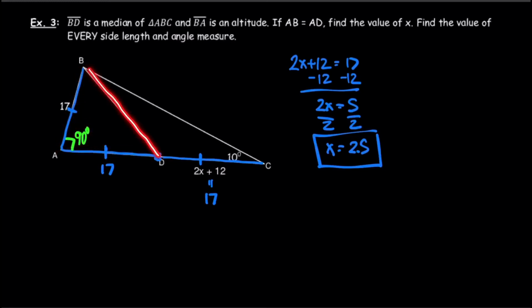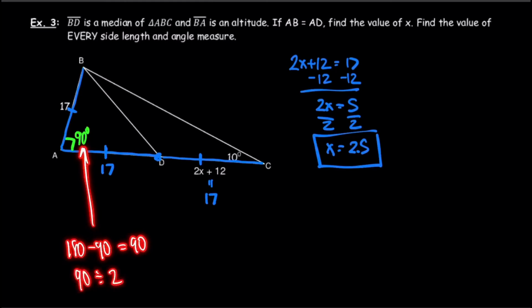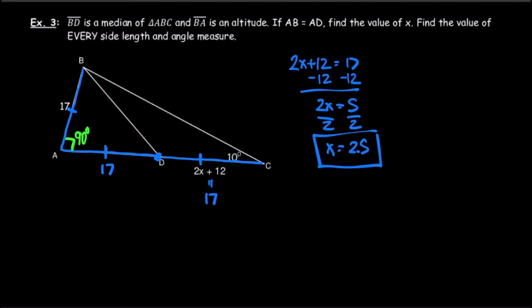Because this triangle right here that I'm highlighting is an isosceles right triangle, which means these two angles are going to be equal. And remember, what I'm going to do to calculate that is take 180 minus 90, which is 90, and divide that by 2 because both of those other angles are going to be equal. That means this angle here and that angle there are both 45.